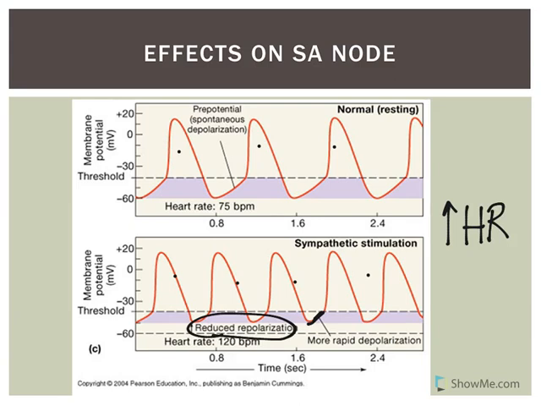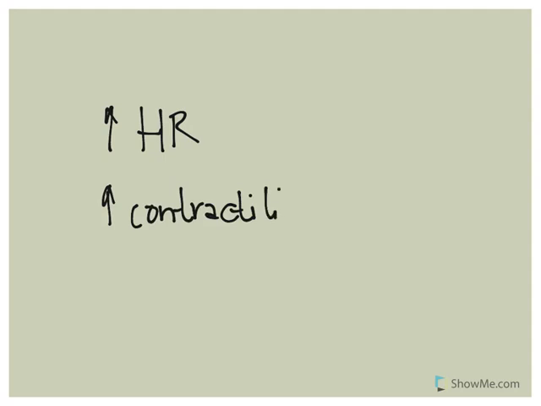It increases heart rate by increasing depolarization rate and decreasing repolarization. Also, besides increasing heart rate, it increases cardiac contractility because of its effects on the muscle, which leads to an increase in stroke volume.